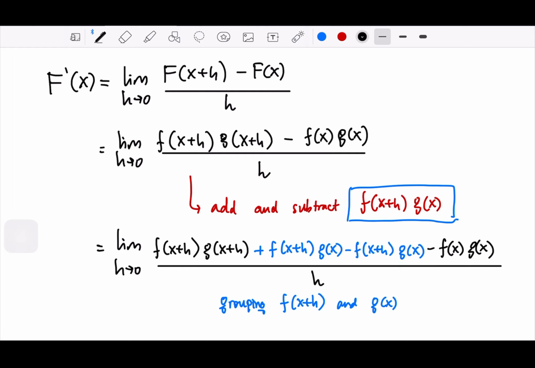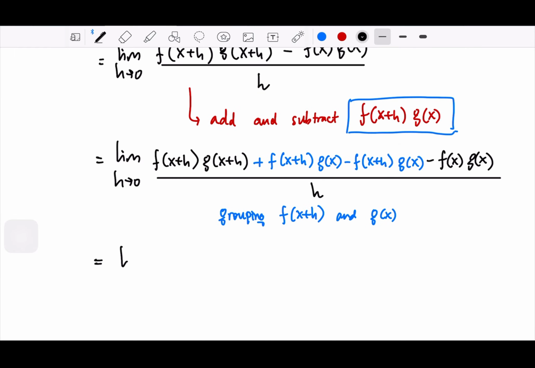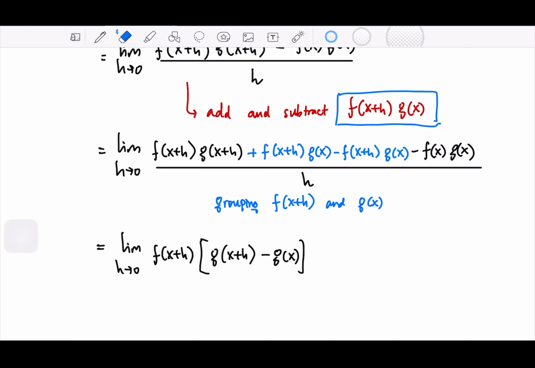Okay. So grouping, this will be g of x plus h, and then minus g of x, right? And then we divide by h.